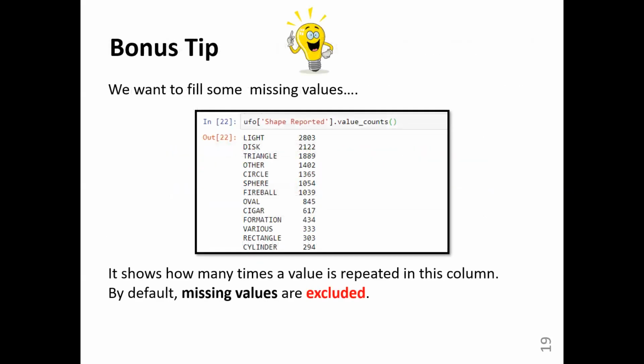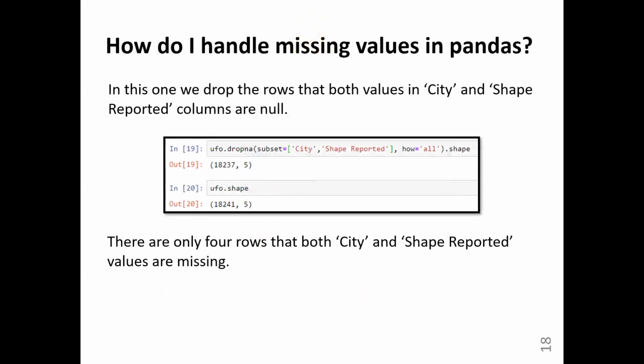And how about this? Yeah, so what if we don't define the how? By default, is it any or all for dropna? What is the default value?